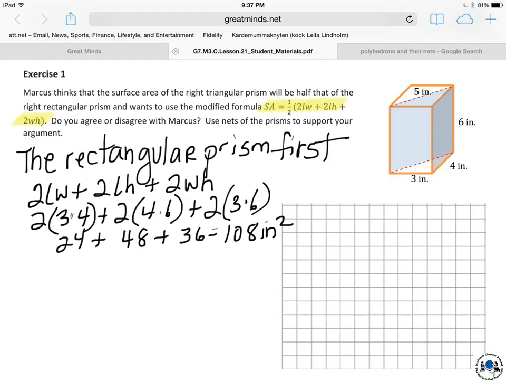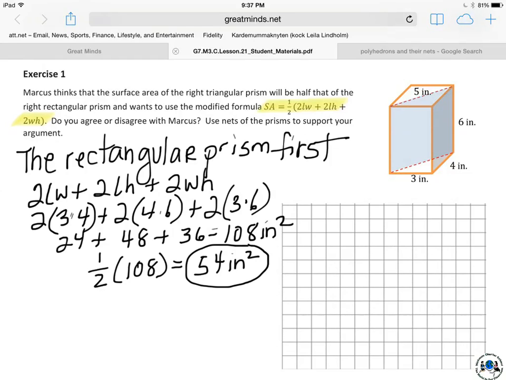All right, so we're going to test this idea of the surface area of the triangular prism, and you can see that triangular prism as it is drawn in here. But let's go ahead and write down what Marcus said. Marcus is thinking that if his formula is correct, this rectangular prism, when we calculate its surface area, will come up to 54 inches squared.